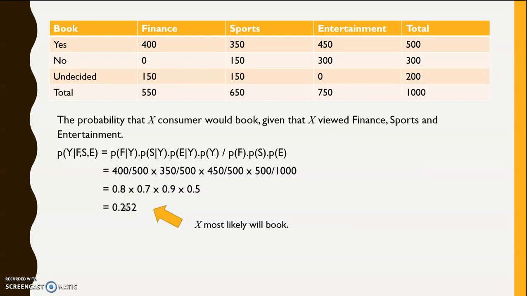So X most likely will book. We can infer that X, a new customer, will most likely book, given that he or she has viewed the finance, sports, and entertainment sites.